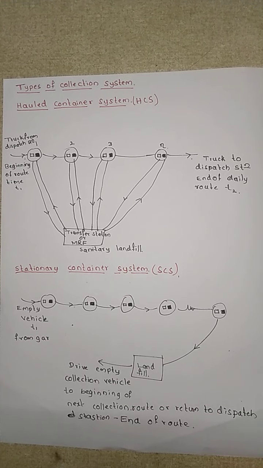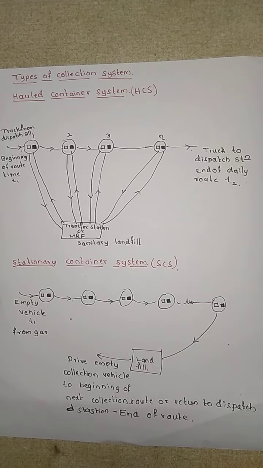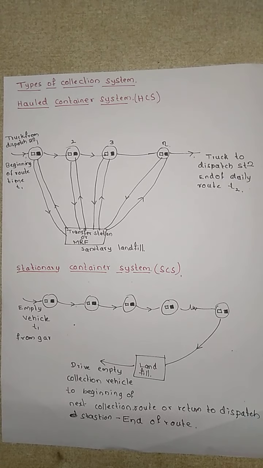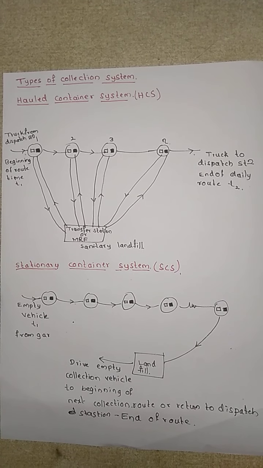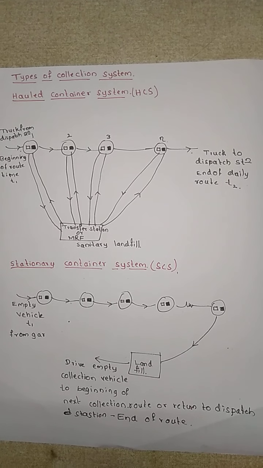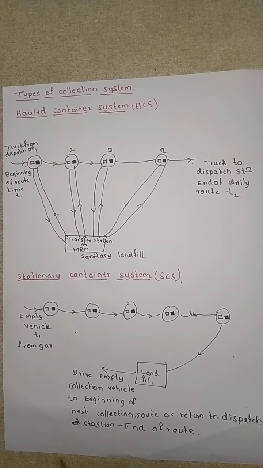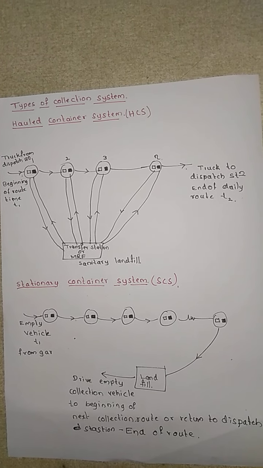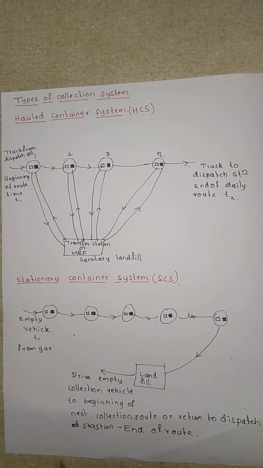Now we will see what the hauled container system is. This is a system in which the containers used for the storage of waste are hauled to the processing, transfer and disposal site and returned either to their original location or to some other location.